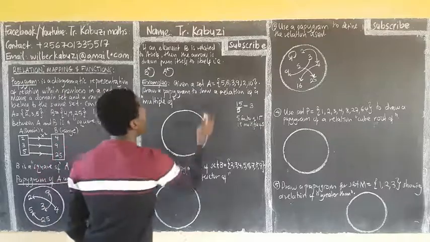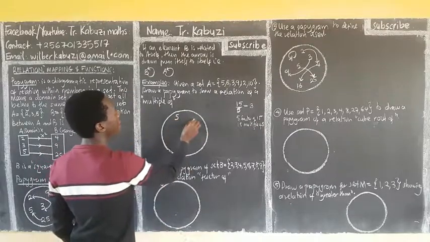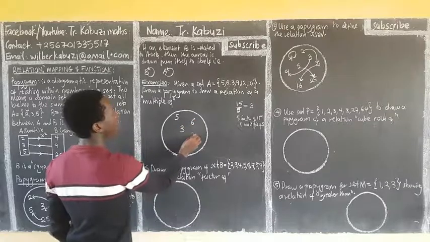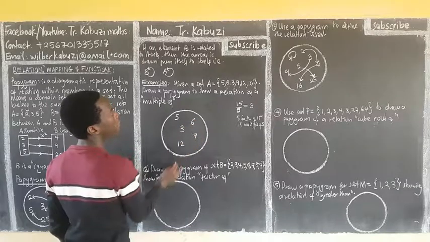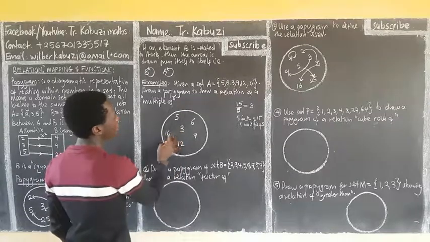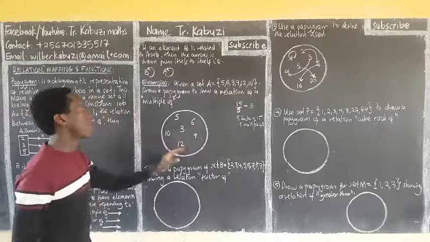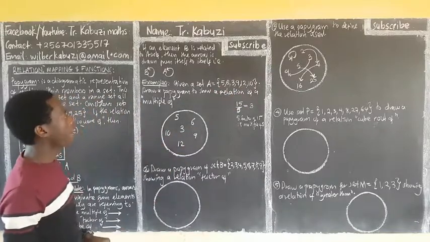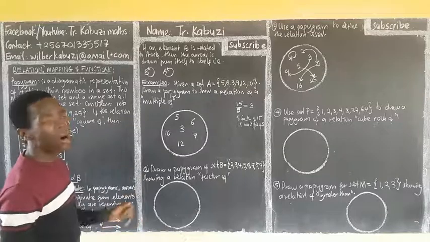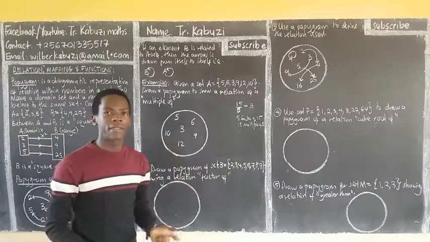So we write these elements in any random way you want. I have my 5, I have my 6, I have my 3, I have my 9, I have my 12, I have 10 also. You draw a sample, then you put your elements there. Now, you know that any number is a multiple of itself, so that's what we start with.